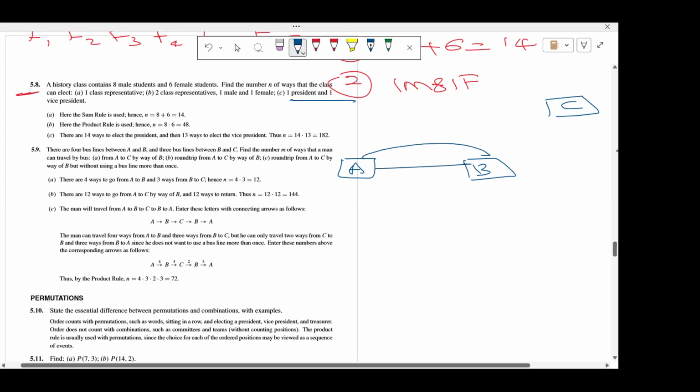They are telling from Ampara to Batticaloa, there are 4 bus lines between A and B. So if you want to move from Ampara to Batticaloa, there are 4 different routes, 4 different roads you have between Ampara and Batticaloa, right?